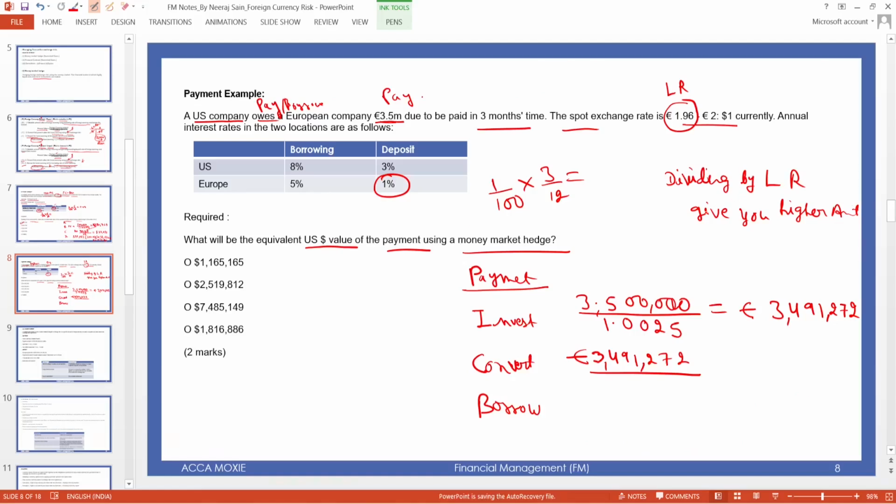Because we are going to pay, we always choose the worst rate, so that in case of payment we always pay more, but in case of receipt we always receive less. We always are at the worst position, so we use 1.96.